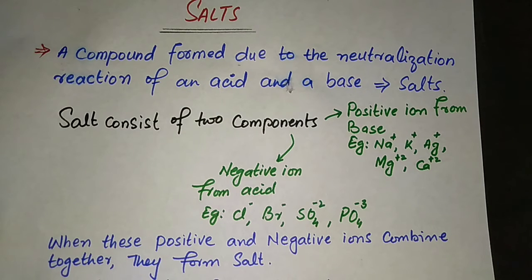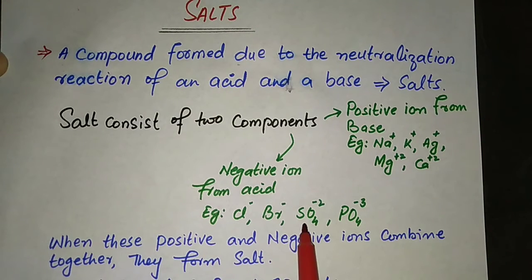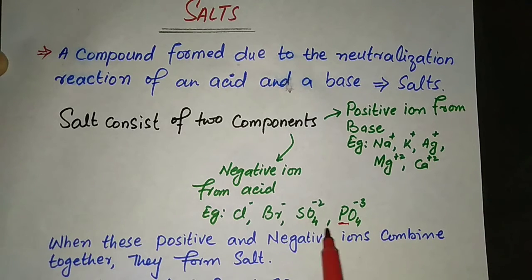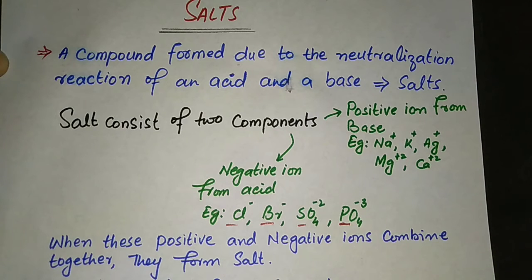For example, chloride, bromide, sulfates, phosphates are the common examples of the anions donated by acids for salt formation.